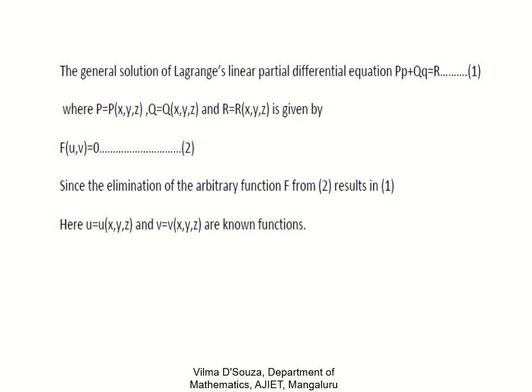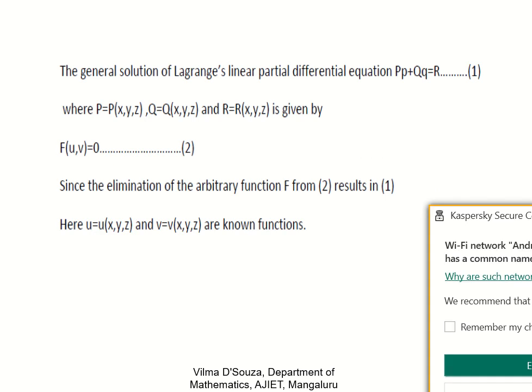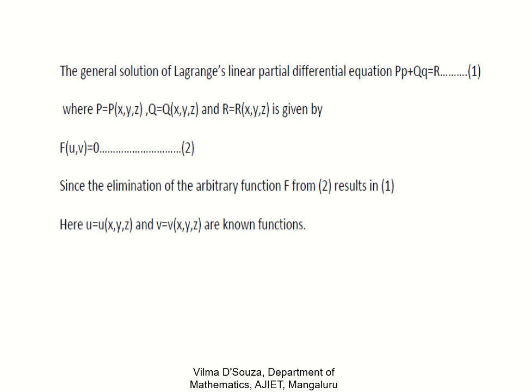Now what is small p, and what is capital P, capital Q and capital R? They are all functions of x, y, z. P, Q, R are functions of x, y, z.